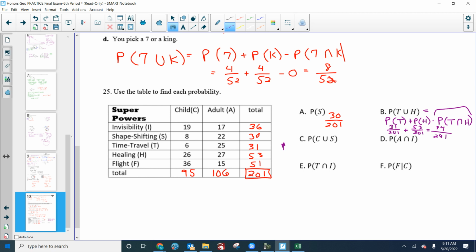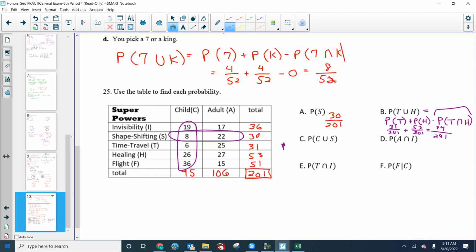All right, C's, 95. S's, 30. Now, be careful. We're taking the C's or the S's. Here's where we're going to have to subtract off the overlap. That 8 got counted twice, right?